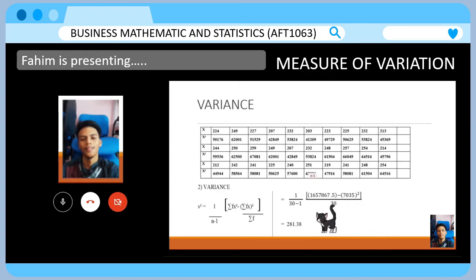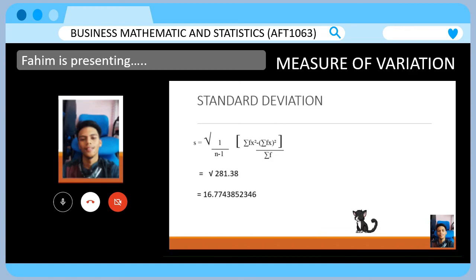We found that answer, and now lastly we go to the standard deviation. The standard deviation is very simple. We just have to find the square root of the variance. Here is the variance formula, but for the standard deviation formula, we just take the square root of the answer for variance.